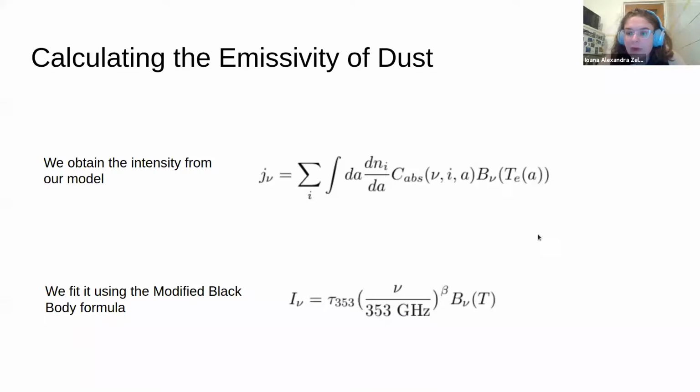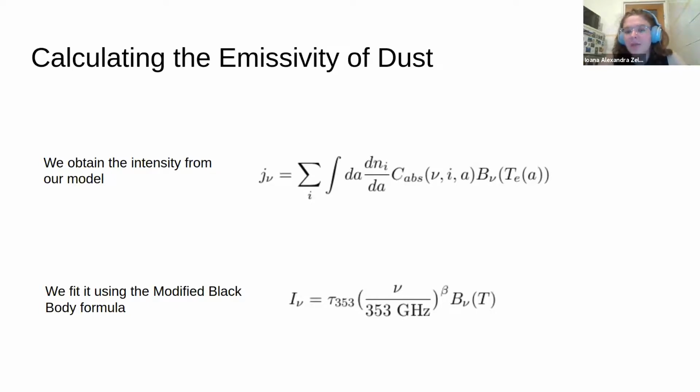So now I'm ready to calculate the emission spectrum. This allows me to calculate a more complicated emission spectrum than just a modified black body, because it's a spectrum of dust emission that is more informed by the properties of the dust, not just an approximation using three parameters.